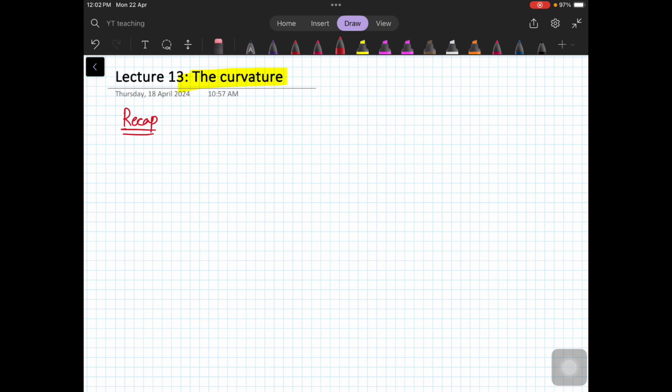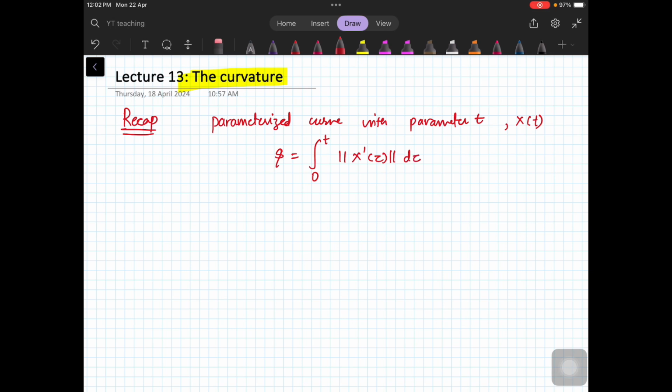We know that if we have a parameterized curve with parameter t, then we can have an intrinsic parameter which goes from 0 to t. The curve's equation is x(t). Then the intrinsic parameter s is the integral from 0 to t of the modulus of x'(τ) dτ.